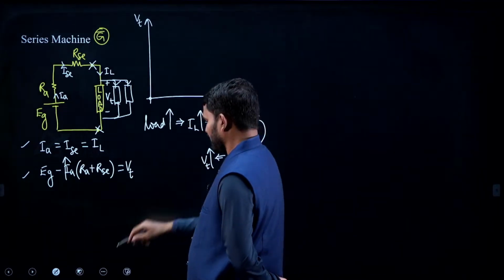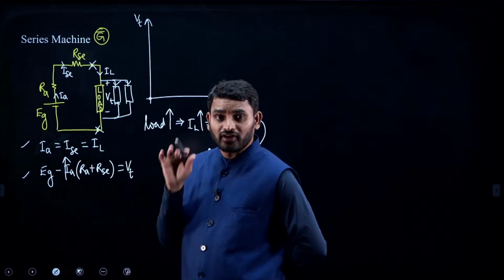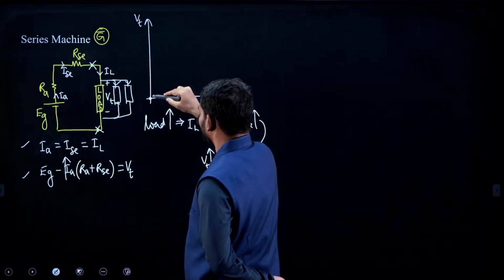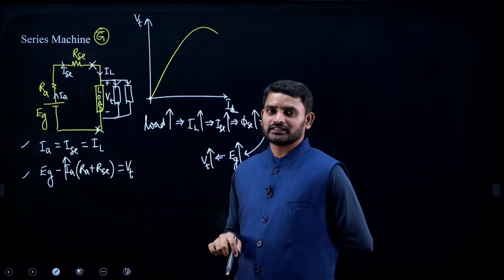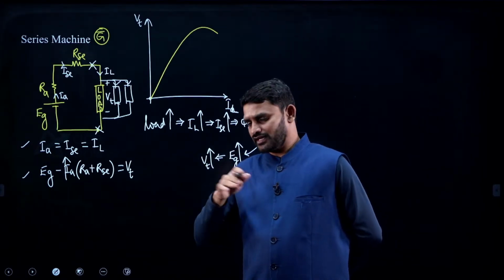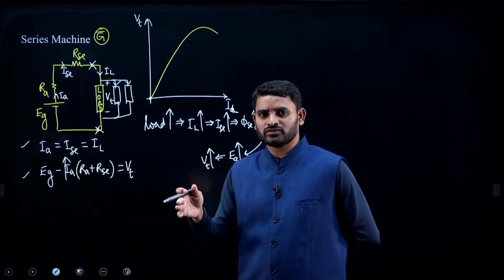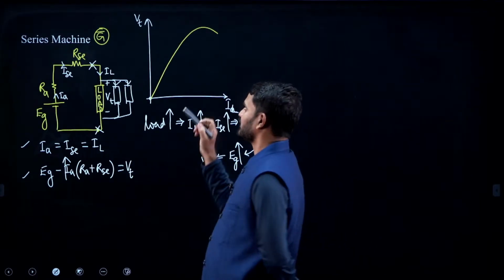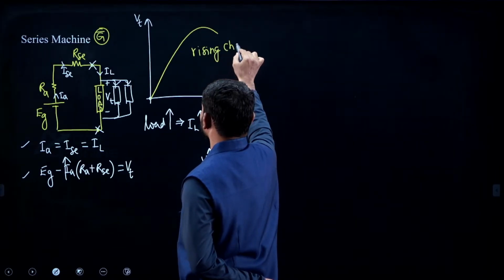That is the reason why the characteristics are not falling characteristics, they are actually rising characteristics. For the series generator, the characteristics are called rising characteristics, whereas for the shunt generator, if you go more than full load, it is falling, even from no load to full load it is slightly falling.